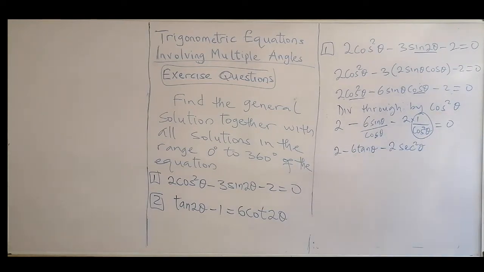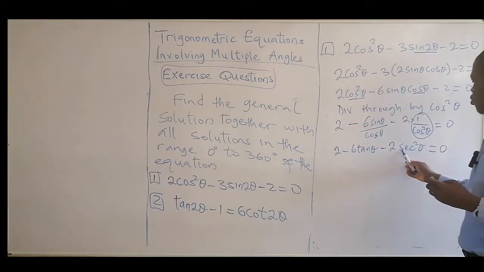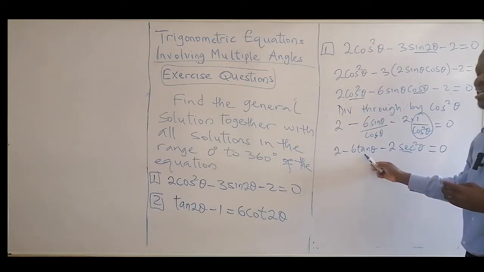because this is 1 over cos squared theta, equal to 0. The best practice is to make the trig functions the same, where that is possible. So we want to see what connects sec with tan.